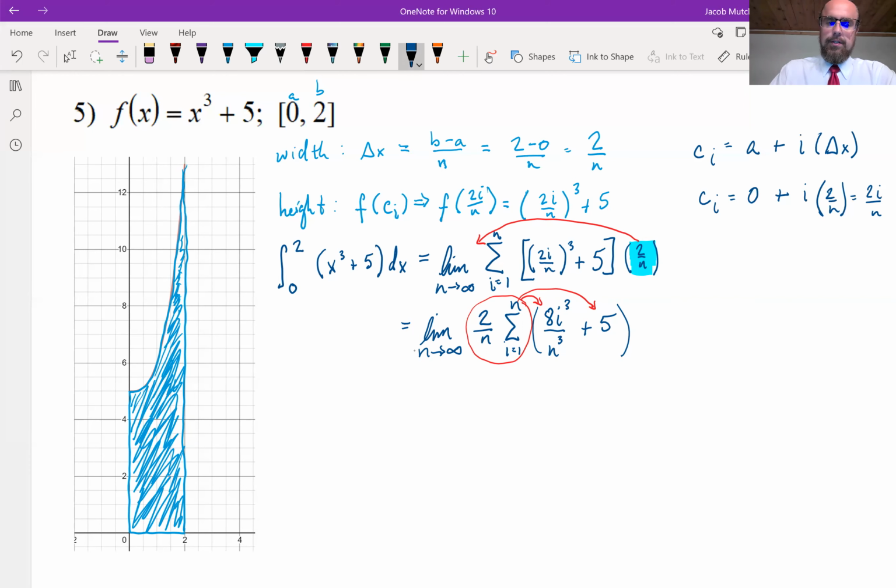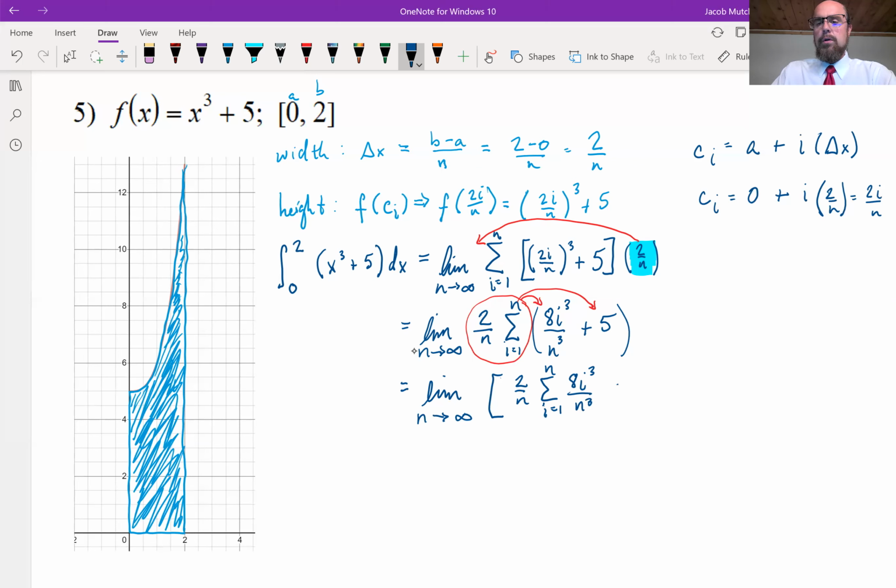So our next step here in this calculation using the limit is the limit as n approaches infinity of 2 over n times the summation from i equals 1 to n of, first of all, 8i cubed over n cubed.